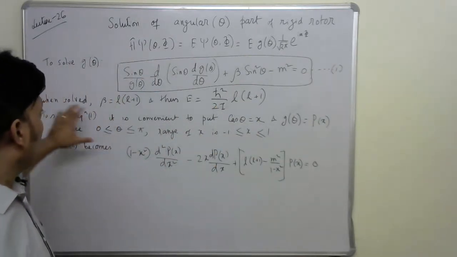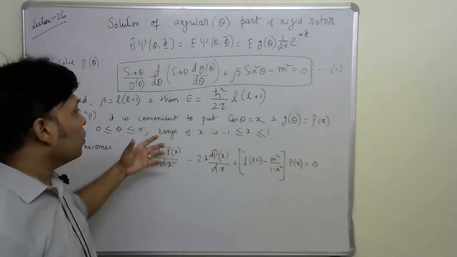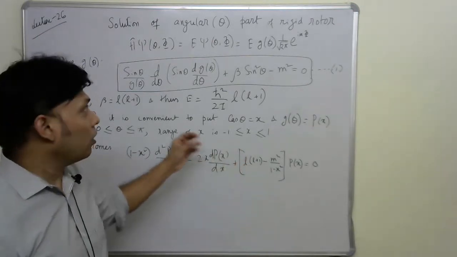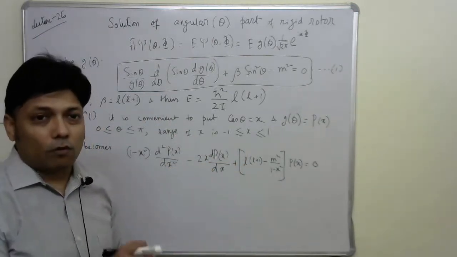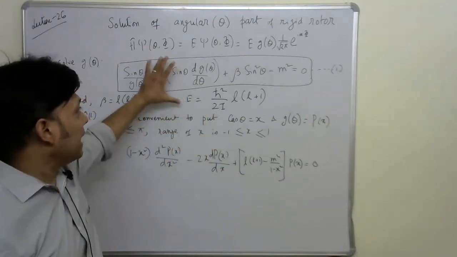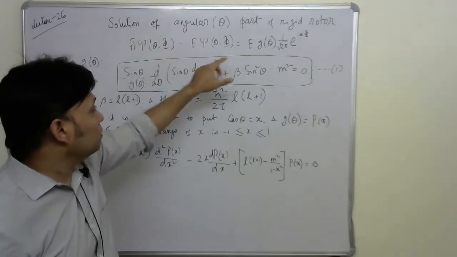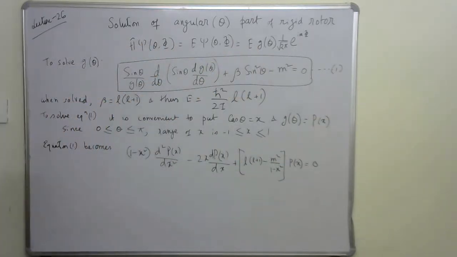That is why it is very important that we understand how the solutions for the diatomic rigid rotor came, because the interpretation of the orbital quantum number and magnetic quantum number comes from solving the theta and phi parts for a diatomic rigid rotor.